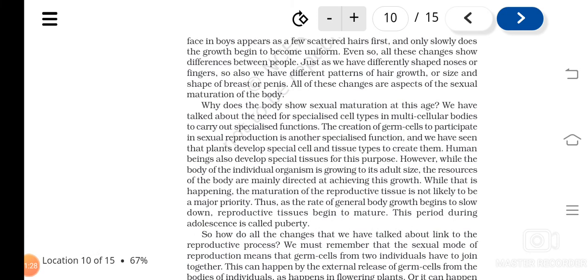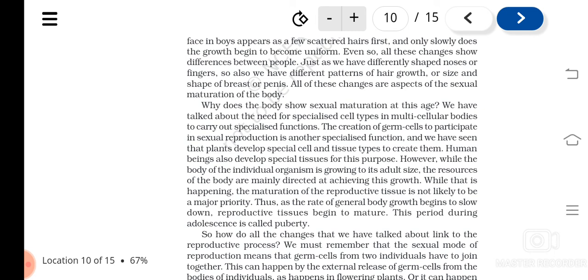Why are these body changes required? Because we have already studied that there is a need for specialized types of cells for sexual reproduction. What are they known as? They are known as germ cells. The creation of germ cells to participate in sexual reproduction is one of the specialized functions.